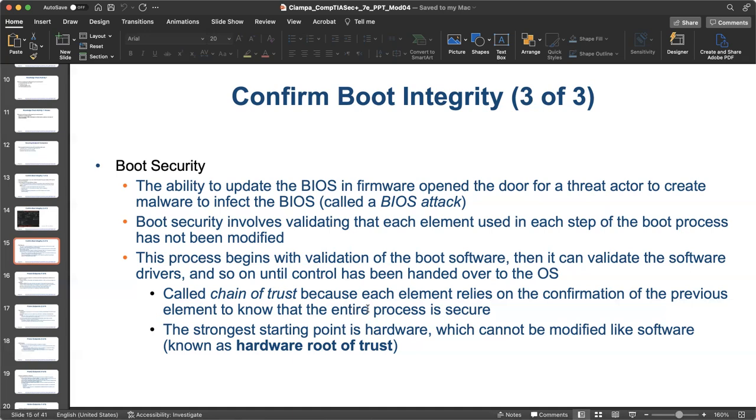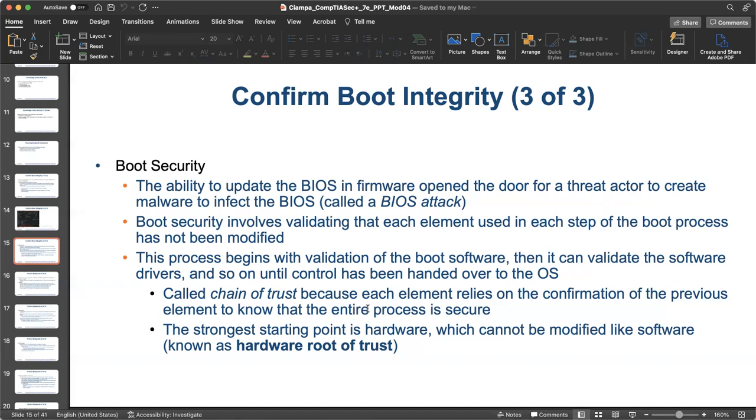And so on until control has been handed over to the operating system. This is what we call the chain of trust, right? So you may hear that terminology, the chain of trust, in multiple locations. Each element relies on the confirmation of the previous element to know that the entire process is now secure.